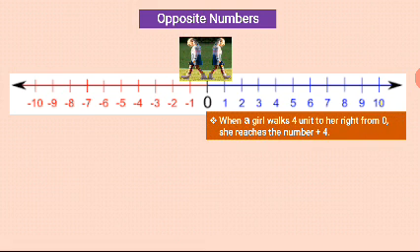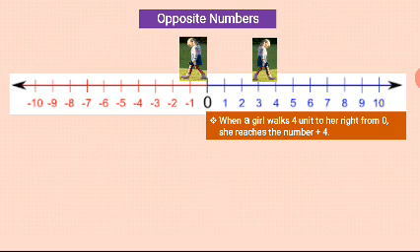When a girl walks 4 units to her right from 0, she reaches the number positive 4.